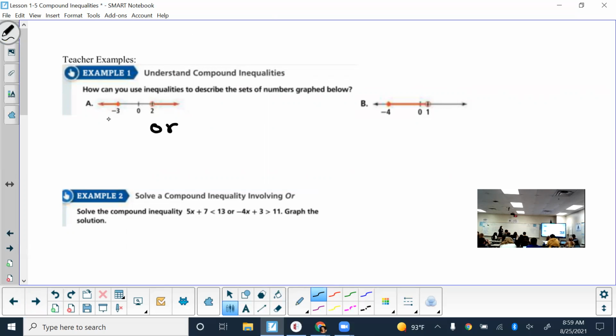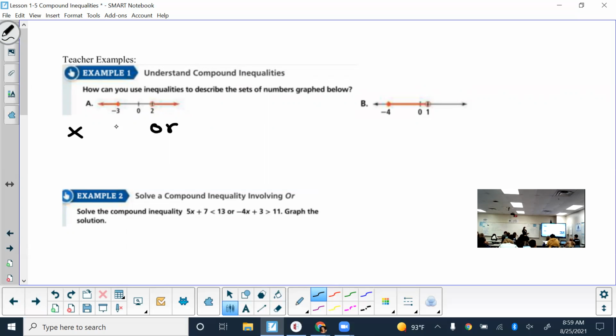Then we need to pick a variable. It doesn't matter what it is. What variable do you want to use? All right, x. So then I'll write an x over here. I'll leave some space, and I'll put whatever number that the circle is on. And I'll keep it in the same order as it is on the number line.